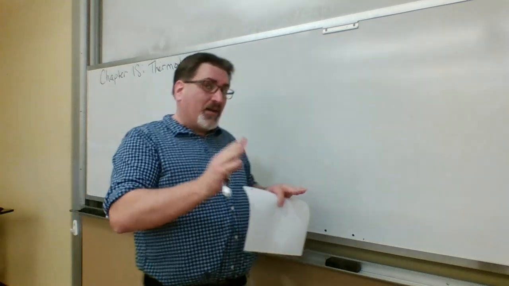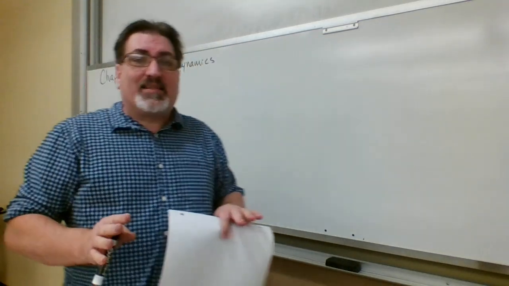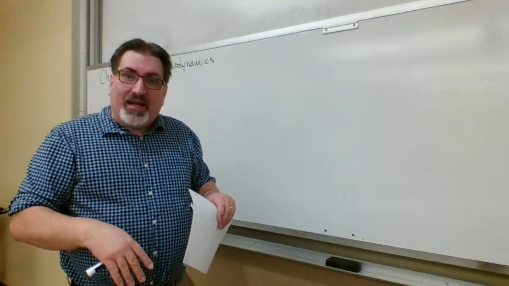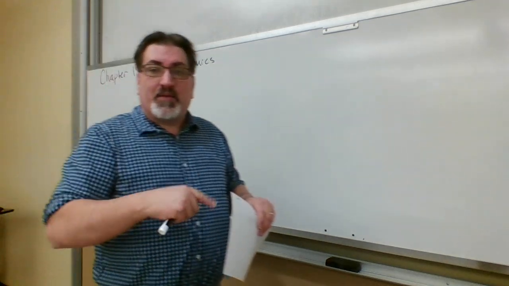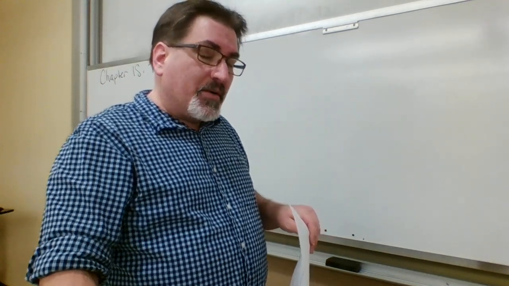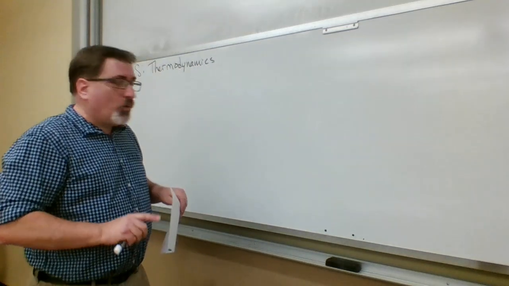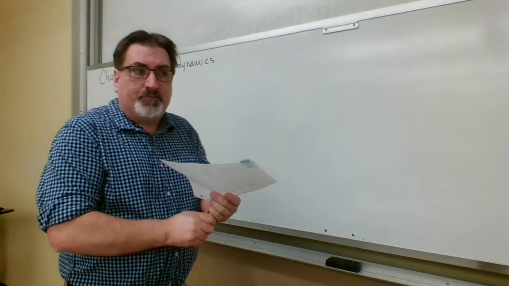We were guessing spontaneous for things that were exothermic and guessing non-spontaneous for things that were endothermic when we had to decide. But we had to guess. In chapter 18, with our new look at thermodynamics, we'll know for sure whether something's spontaneous or not. It's not just based on enthalpy. There's also some other things that feed into it. So we're going to take one quick review of enthalpy.